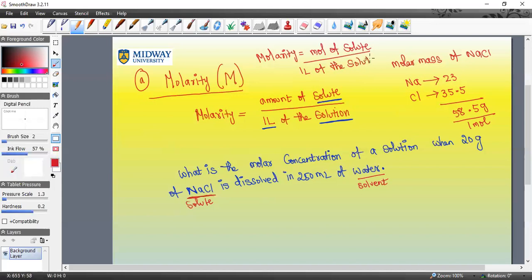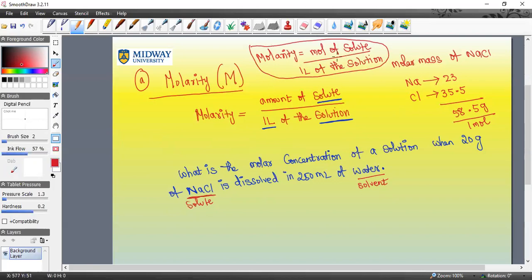If you're comfortable with one or the other, it doesn't matter, but if you definitely understand the second part, that's important. This is just an alternate way of writing it, because moles is something you're familiar with, so I recommend you do this. So moles of solute, right?